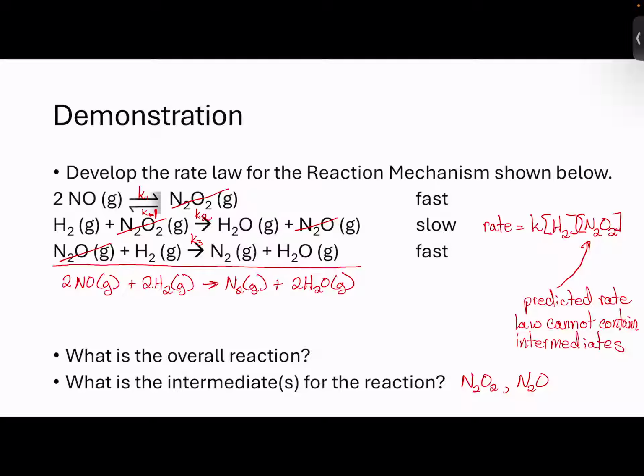So our predicted rate law cannot contain dinitrogen dioxide. So the question is, where did that dinitrogen dioxide come from? And it came from this first reaction.